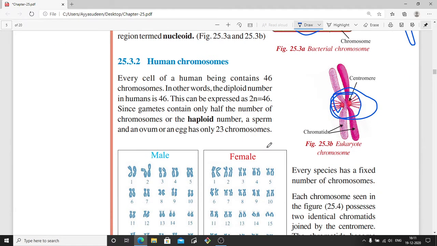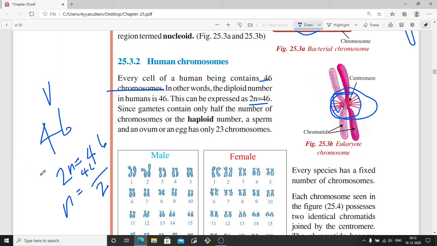Next is human chromosomes. Every cell of a human being contains 46 chromosomes. How many? 46 chromosomes. They can be expressed as 2n, so 2n is equal to 46, and n is equal to 46 by 2, that is 23.